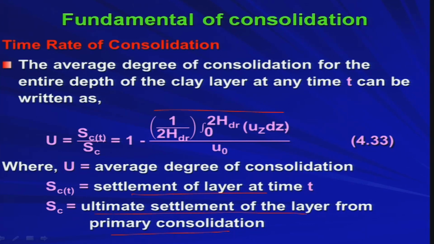So, you are integrating over the whole thickness of the clay deposit divided by the 2H_DR will give you the average excess pore water pressure, right. So, at any time t divided by u_0 is nothing but your degree of consolidation, right. If you come back from equation 4.32, this will be the expression, okay.